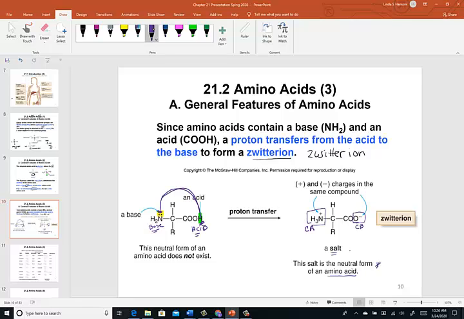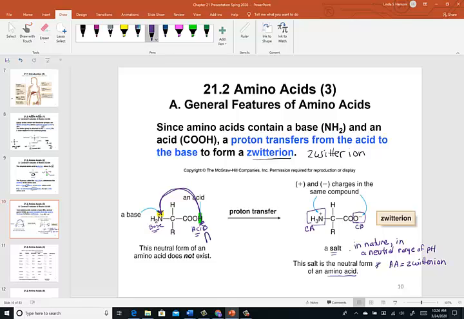The acid donates its proton to the base and forms its conjugate pairs. So in nature, in a neutral solution, or relatively neutral, so there's a pH range of about 6 to 8, in a neutral range of pH, you are most likely going to find an amino acid as a zwitterion.